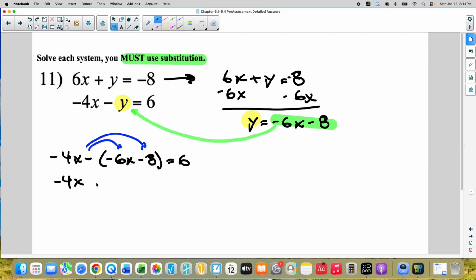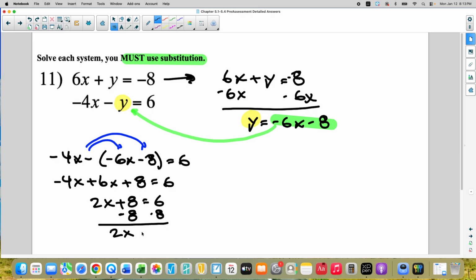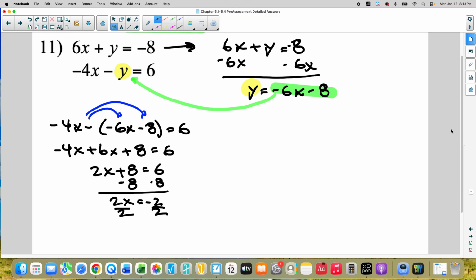Negative 4x plus 6x plus 8 equals 6. Simplify. 2x plus 8 equals 6. Minus 8, minus 8. 2x equals negative 2. Divide by 2. X equals negative 1. So I think my solution is that.